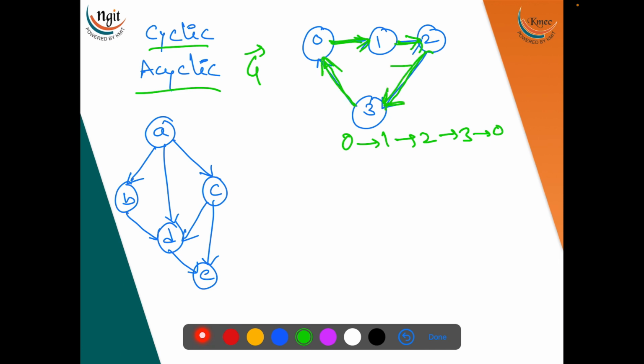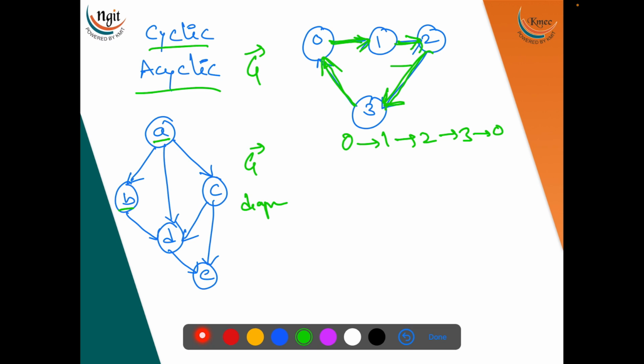Now what do you mean by acyclic? That is also a directed graph, or digraph, and you'll find the directions from one vertex to other vertices. But a digraph G' is acyclic if it has no directed cycle.